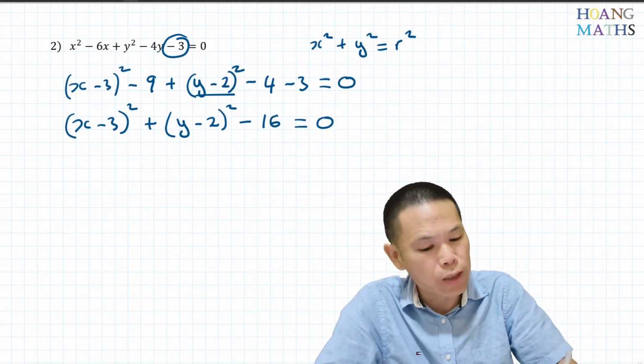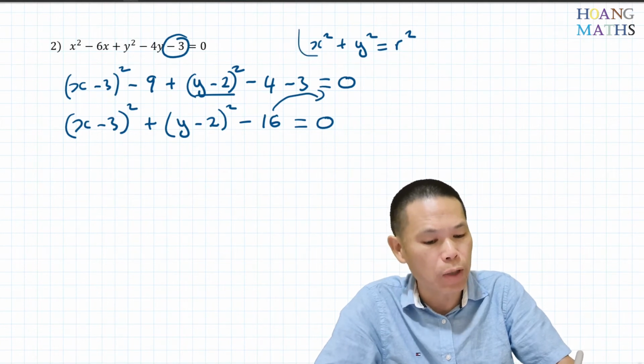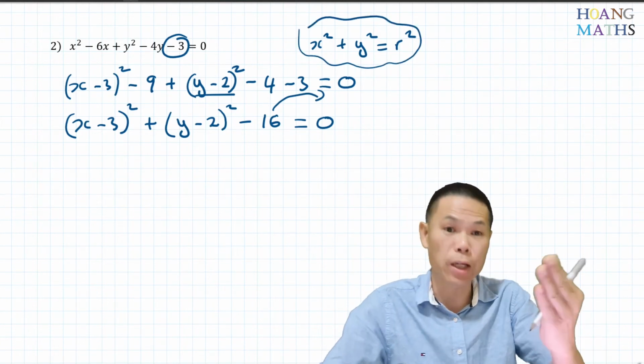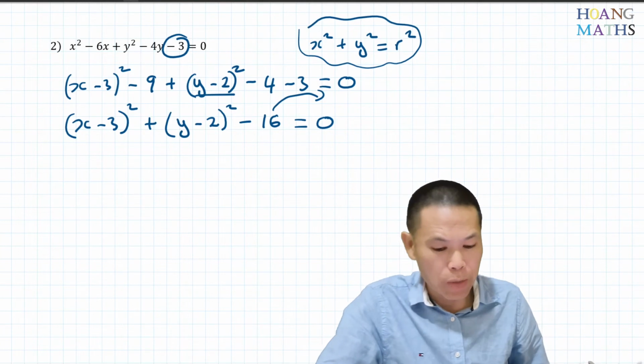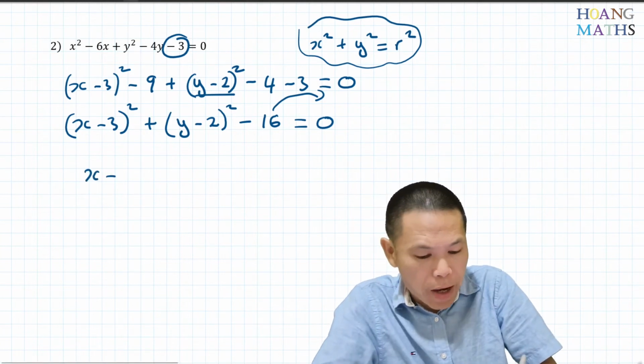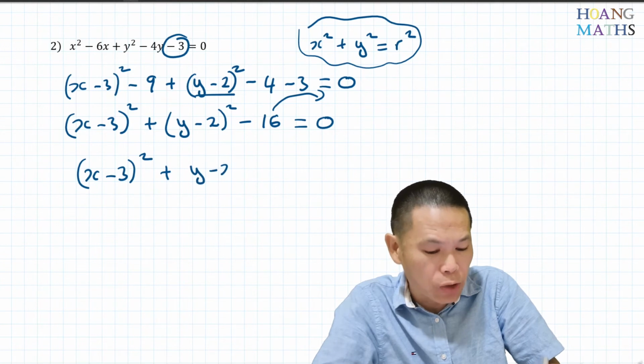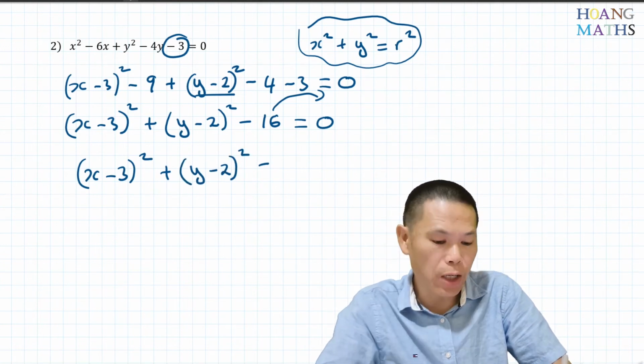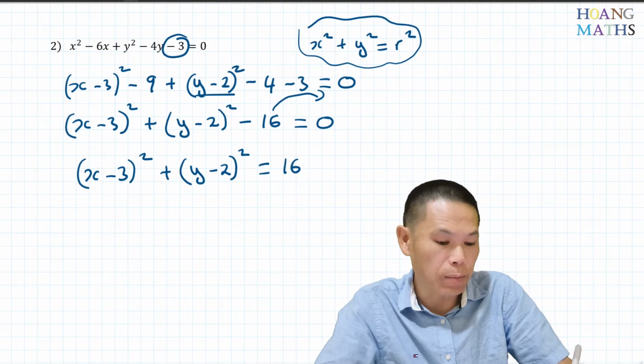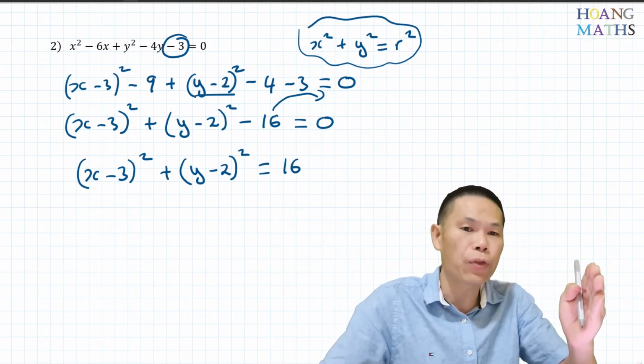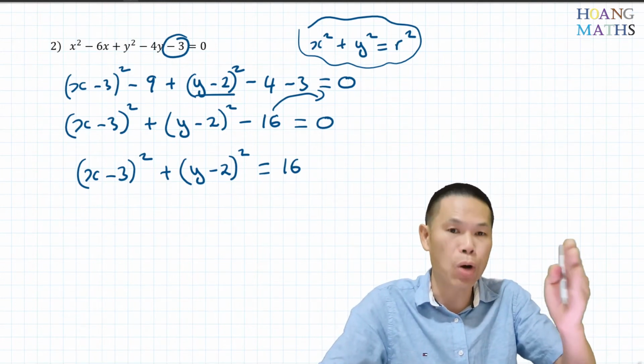Then we move the -16 to the side so that it becomes this form. That's all, okay? So that would give me x minus 3 squared plus y minus 2 squared equal to 16. Because -16 moved to the right hand side becomes positive.